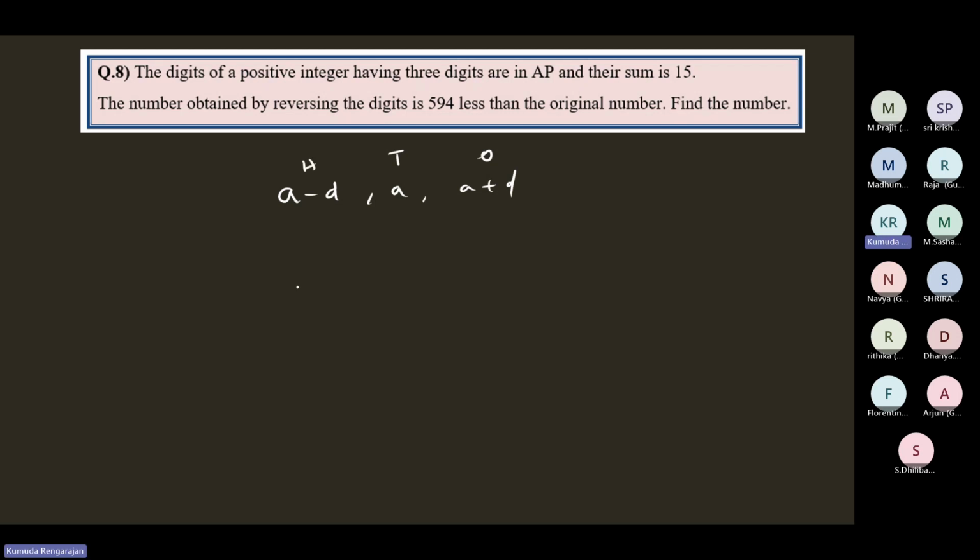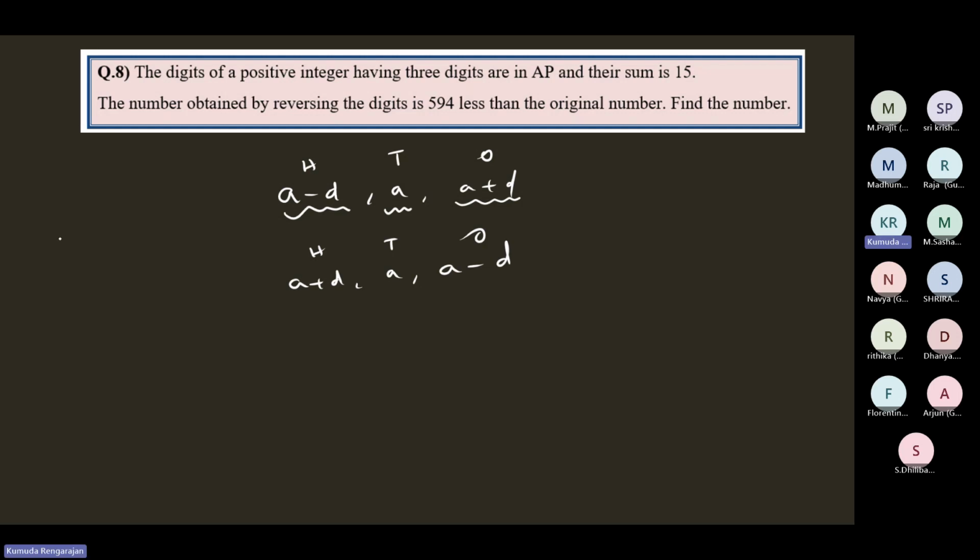Or it can be A plus D, A and A minus D. That is, let the digit in the hundreds place be A minus D. Let the digit in the tens place be A. Let the digit in the ones place be A plus D. The digits are in AP. Only when there are exactly 3 numbers in AP do we go with this assumption.